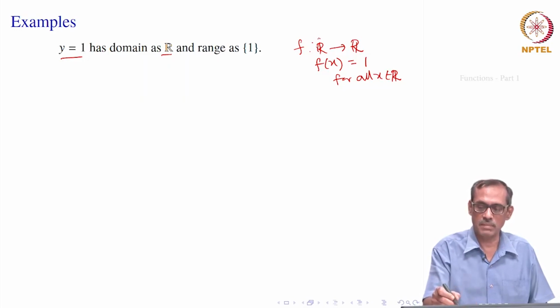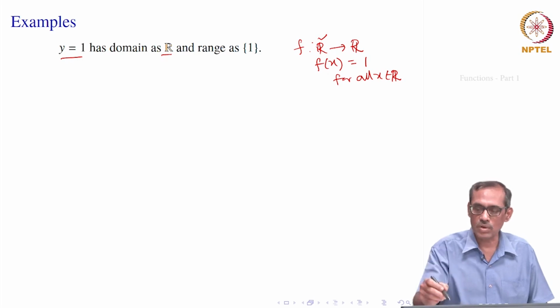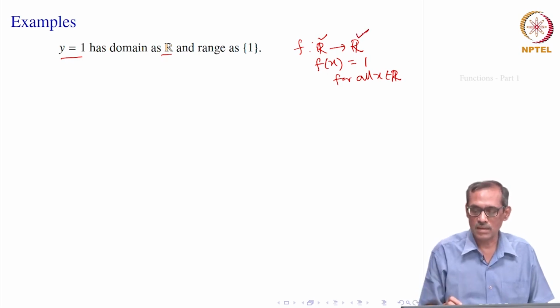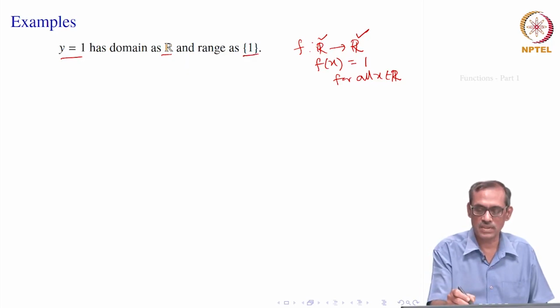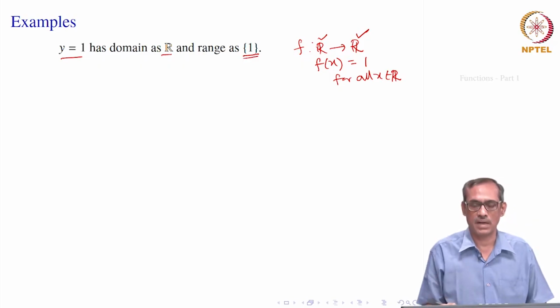for every element in R. So, we say its domain is R and its codomain is also R, but then everything in the codomain is not mapped, the only thing mapped is 1. So, its range is the set containing 1, the singleton one, that is its range, and domain is the whole of R. Sometimes the domain will not be given, we will just say consider the function y equal to 1 or consider the function f x equal to 1.